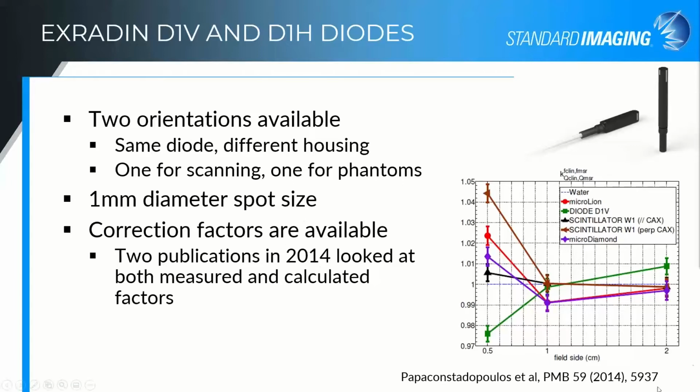There were 2 publications in 2014 in particular that looked at both measured and calculated factors. This image here is taken from one of those, from Papakonstantopoulos et al. Those are, I think, good references if you are using our diodes for the small fields.